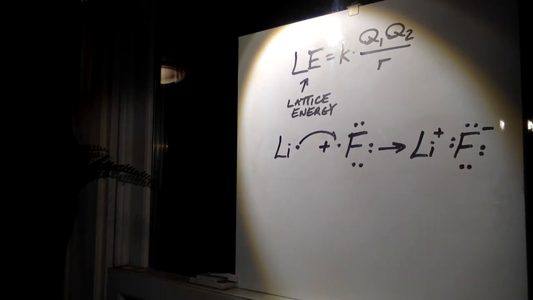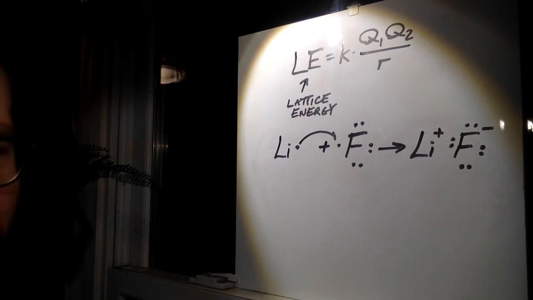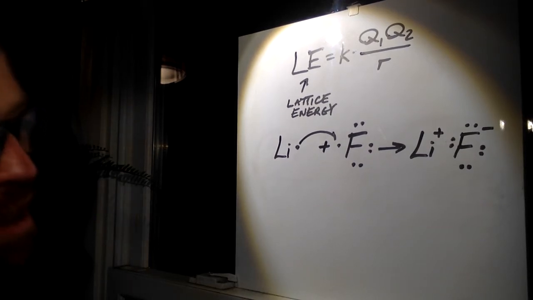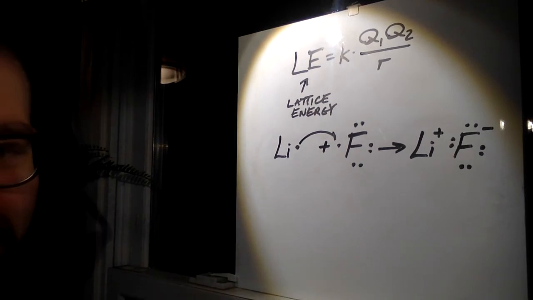And it's important to note, in visualizing this, that in the lattice formation, in its crystal lattice, this is going to be continuing and repeating on in all 3 dimensions.